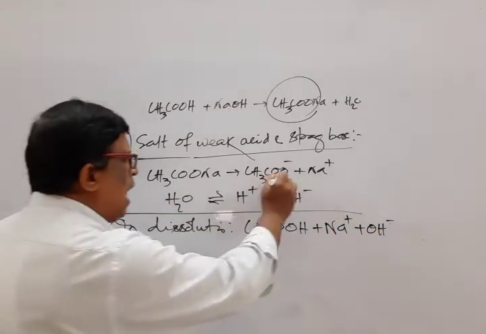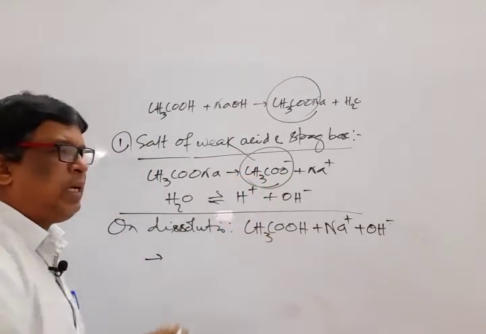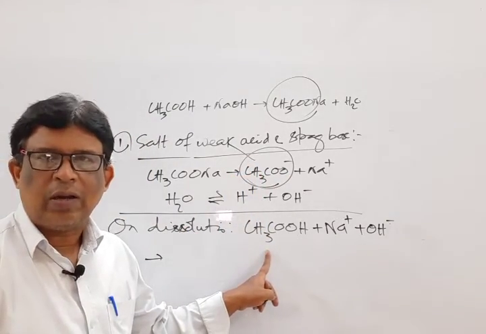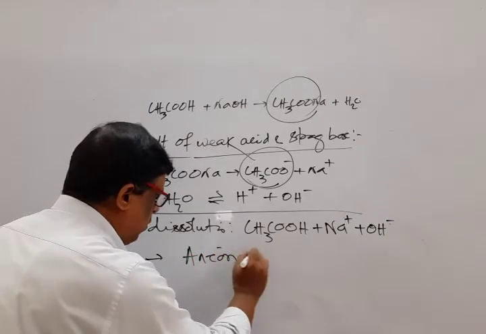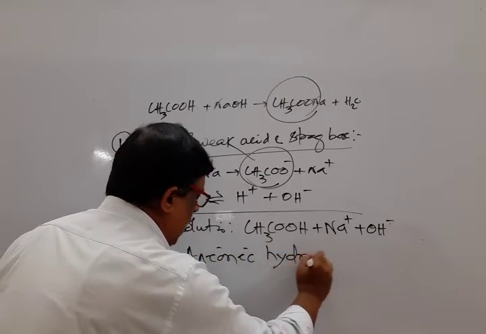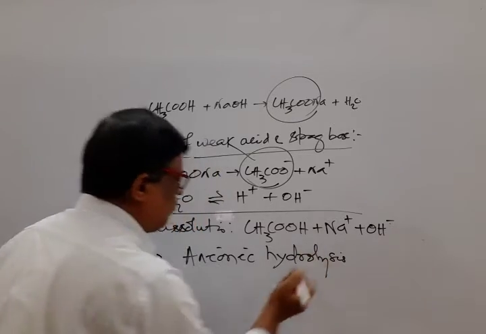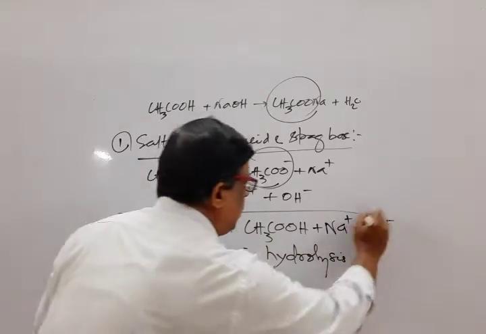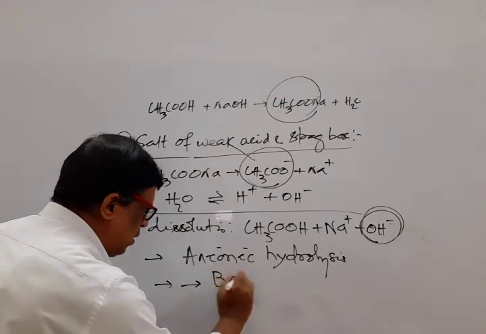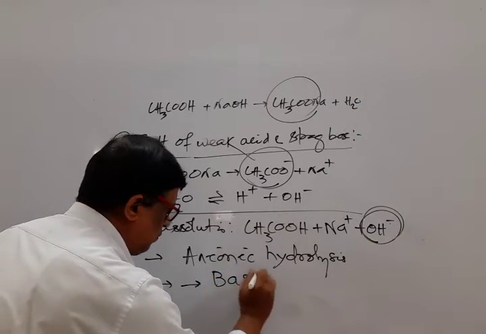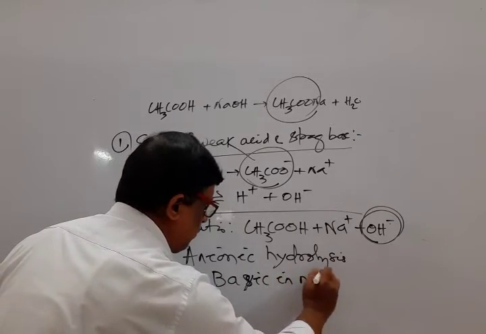So mark that. As the anion of the salt interacts with H plus ion of water, it is known as anionic type of hydrolysis. Anionic hydrolysis. And since free OH minus ion is there, the nature of the solution is basic in nature.